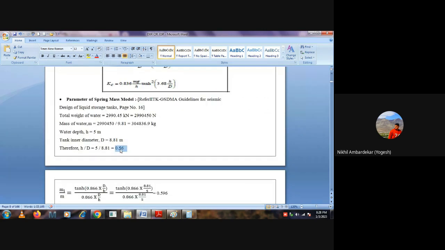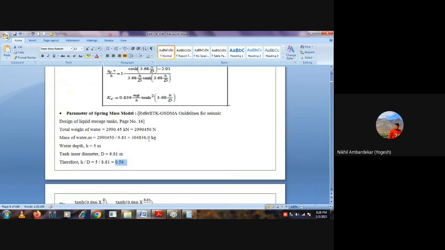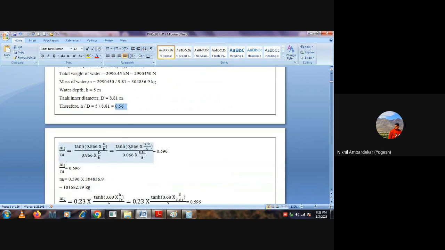In our case, it is 0.57, which is less than 0.75. That's why we are using the first one, mi upon m equal to tanh and so on. I added all the values and got the ratio mi upon m equal to 0.596. I have the mass of the water, so multiplying by that, I get the impulsive mass of the water.